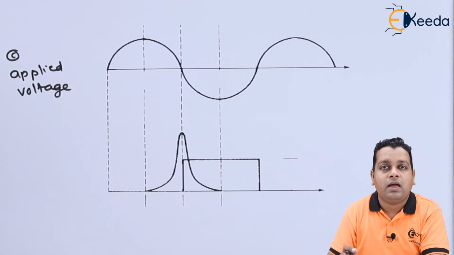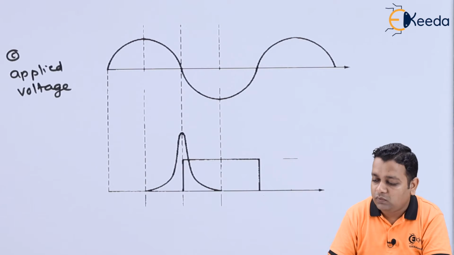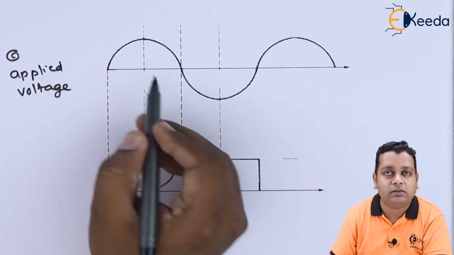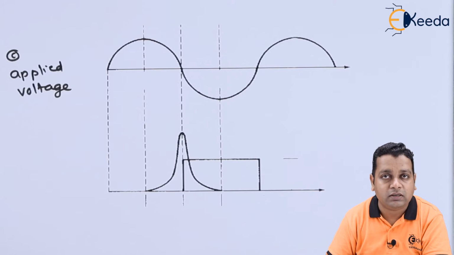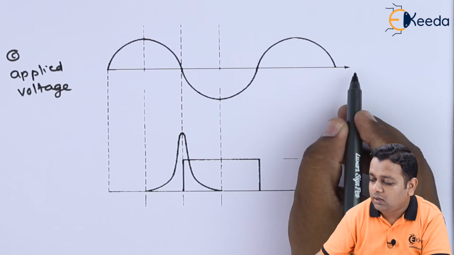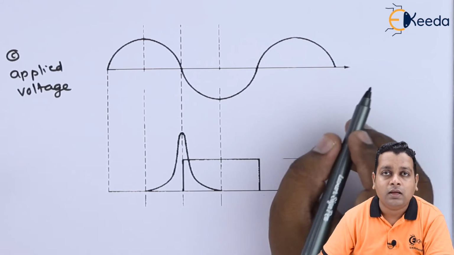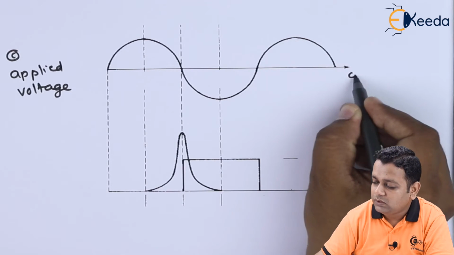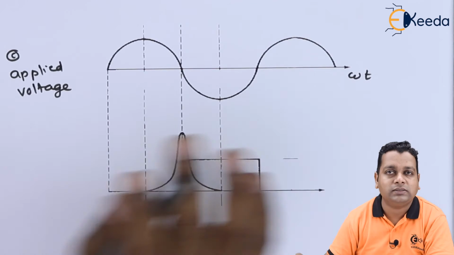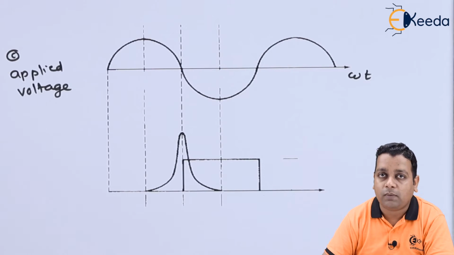As it is the alternating voltage, we have the positive half cycle, the negative half cycle, and again the positive half cycle, represented on the vertical and the horizontal axis. We can represent the corresponding parameters here. On the horizontal axis, we take omega t as a function of this applied voltage.